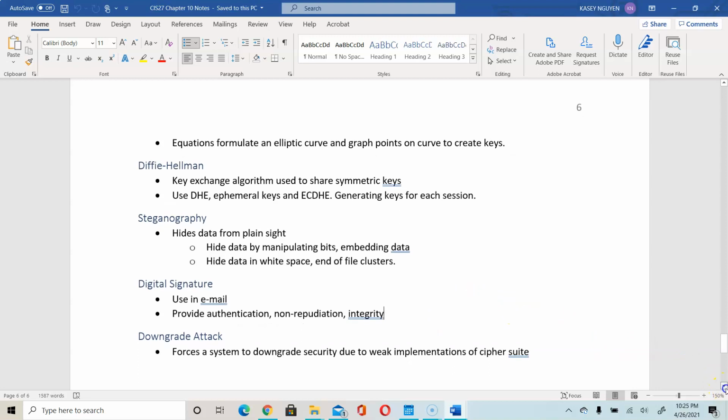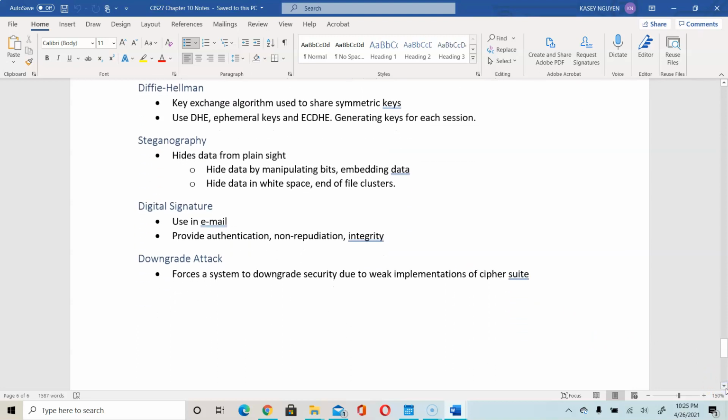And for downgrade attack, that is a way for us to force the system to downgrade the security due to weak implementation of cipher suite. So when we select the encryption, not all encryptions are the best encryption.